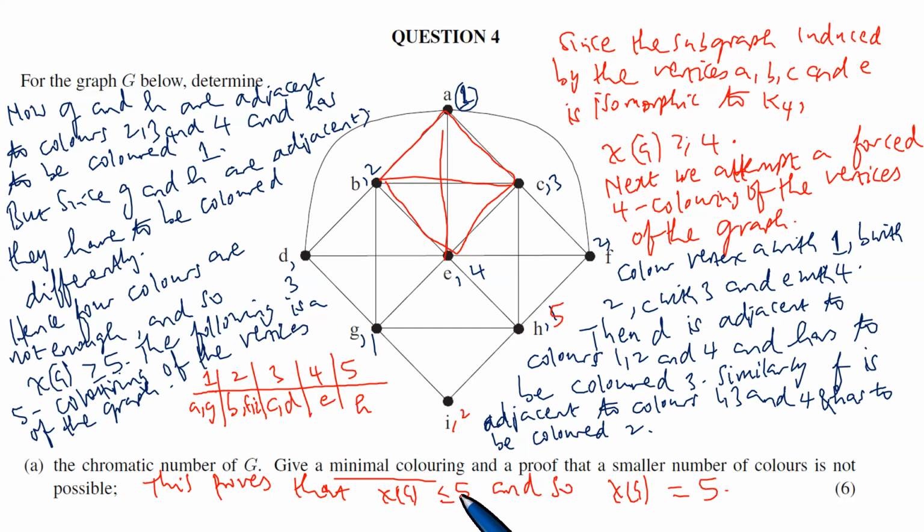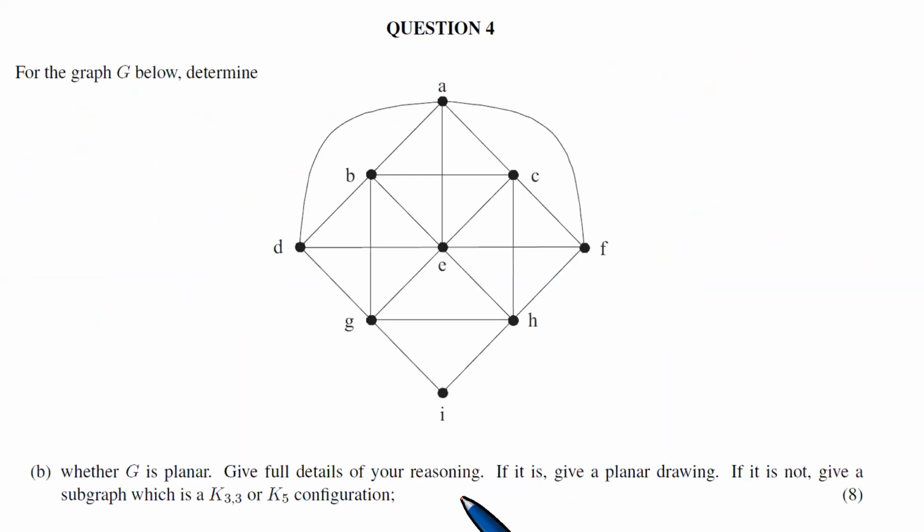Next question. Right, in the B part, we look at the most interesting of things, the second chord method. So for the graph G below, we have seen this graph, and there will always be a graph like this in the exam. You have to determine whether G is planar.